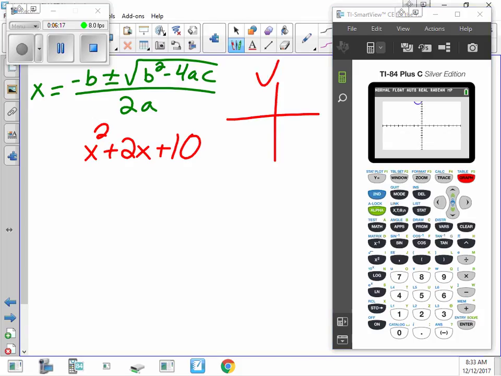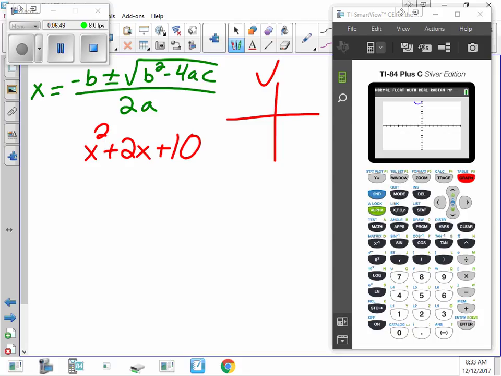Looks like this. It misses the x-axis, but it still has roots. Every quadratic has 2 roots. Most of the time, those roots hit the x-axis, but sometimes they don't. And if the roots don't hit the x-axis, they are imaginary. They have i's in them. So the only way to find it is to use the quadratic formula. There's another way, but I'm not going to teach it to you.